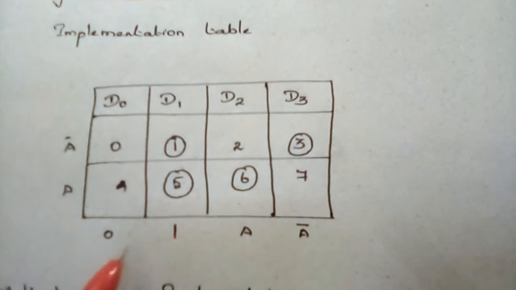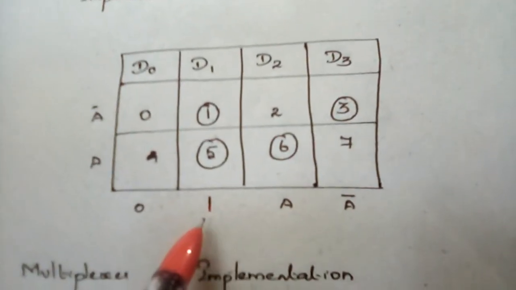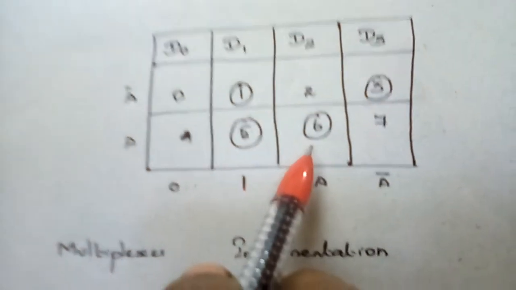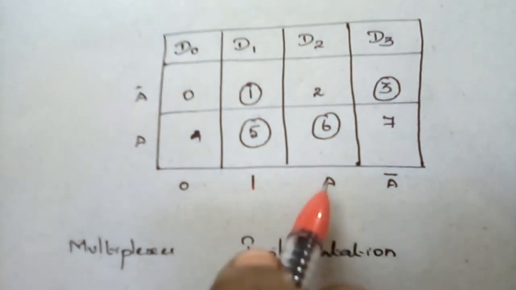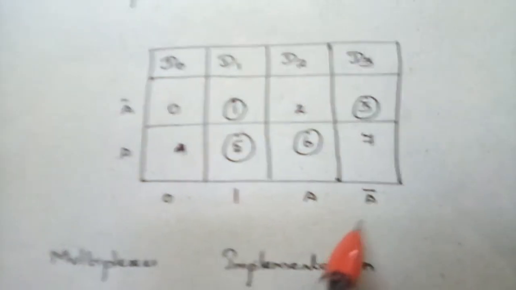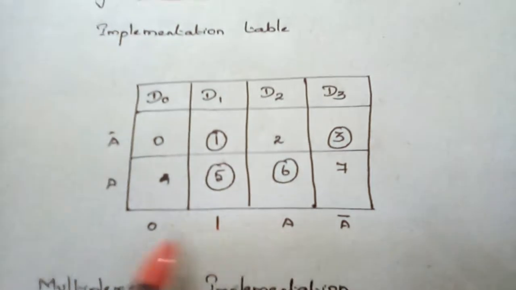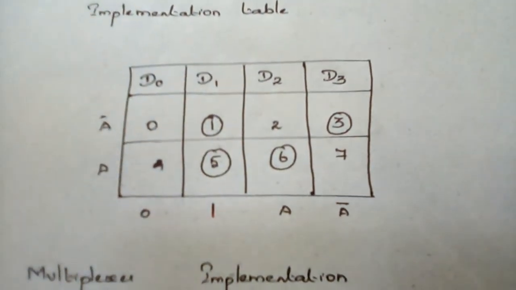If both the terms are not selected, consider this as 0. And if both the terms are encircled, consider this as 1. If either one of the terms is encircled in the lower row of the table, consider this as A, or in the upper row of the table, consider this as A bar. This is the logic behind the implementation of the 4:1 multiplexer.